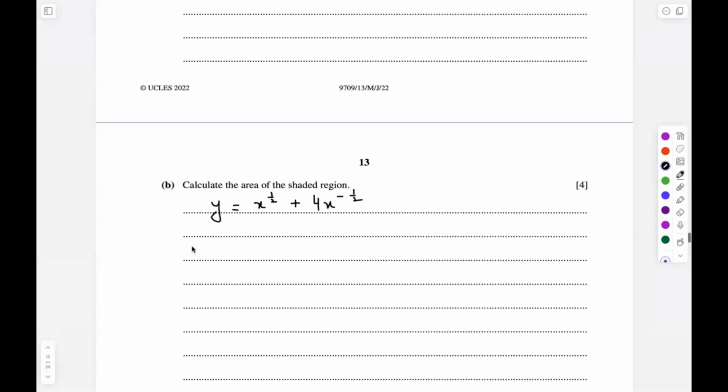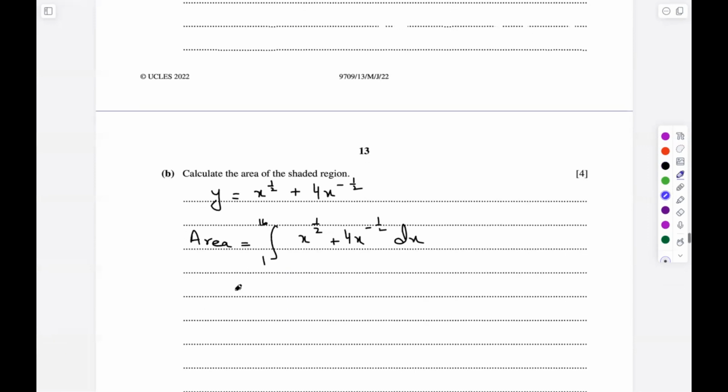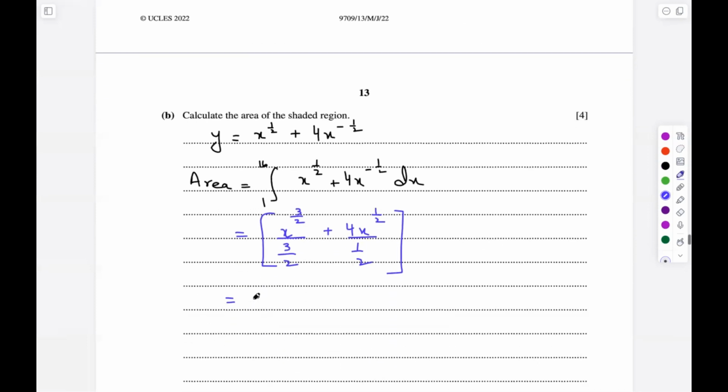Now integrating x power half, that will become x to the power 3 upon 2, and we'll divide it by the new power, which is 3 upon 2, increasing 1 upon 2 by 1. We can simplify to write it as 2 upon 3 x to the power 3 upon 2, and 2 will multiply by 4, so that will become 8x to the power 1 upon 2.